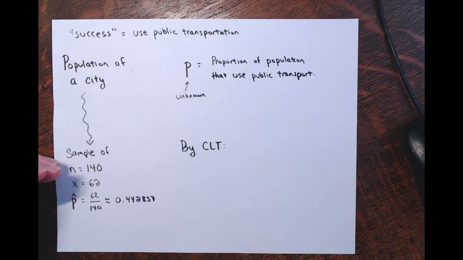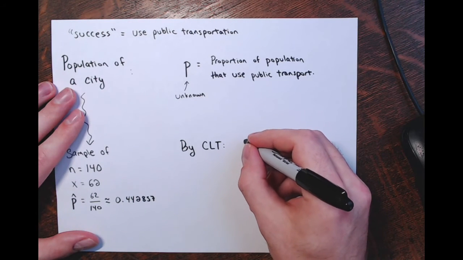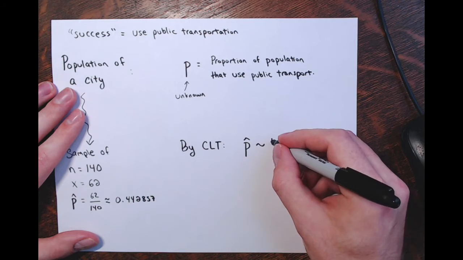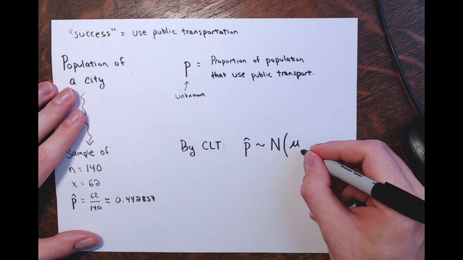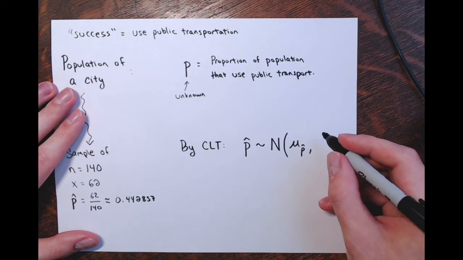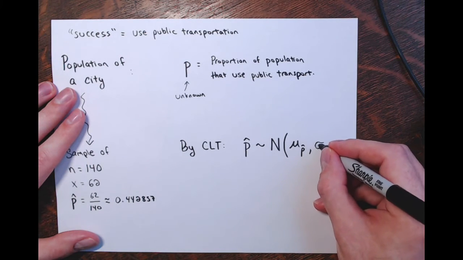So again, if we were to look at all possible samples of size 140 and look at the p-hats, the sample proportions for all of them, those p-hats would have an approximately normal distribution with a mean called mu p-hat, and the standard deviation of all these p-hats, sigma p-hat.